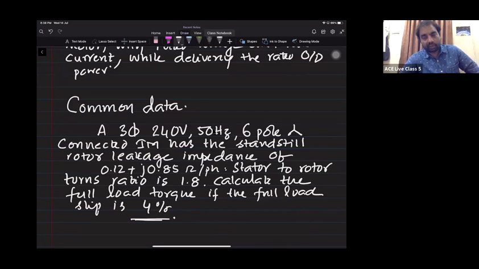Sir, does 240 volts mean a single phase supply? See, this is the twist here. In the numerical, the only twist is 240 volts. Most people feel that 240 volts is a phase voltage and start working. No. Whenever the terminology three phase is given, the given voltage is a line voltage unless and until specified.